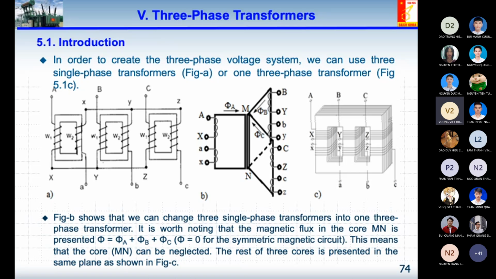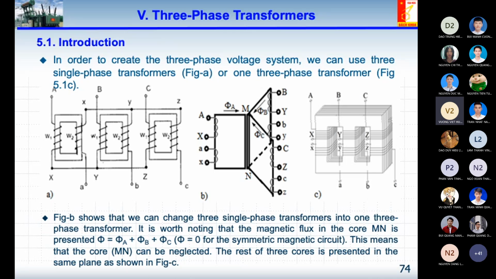Yes, that is for the construction of the transformer. And how about the main parameters, for example, such as the voltage, current, the vector group, and such?